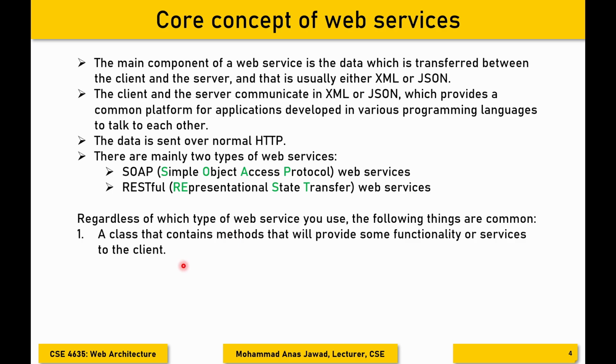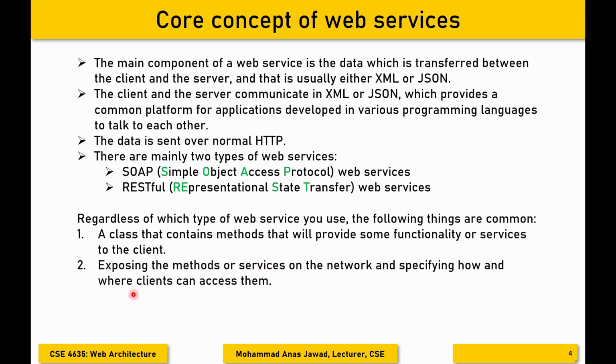A web service will basically have a class or multiple classes that contain methods that will provide some functionality or some services to the client. Next, a web service will have its own techniques to expose the methods or services on the internet, that is on the network, and specify how exactly and where the clients can access them.